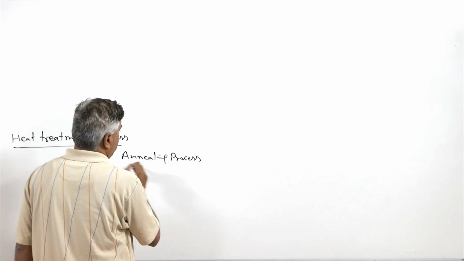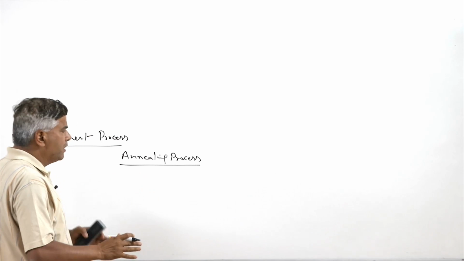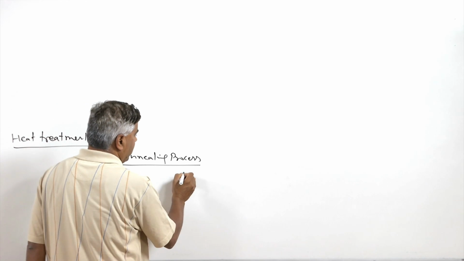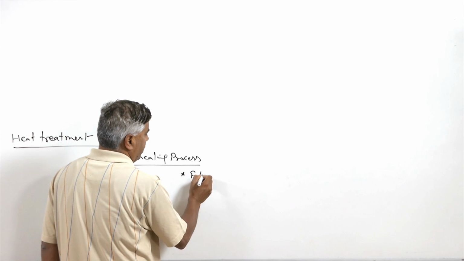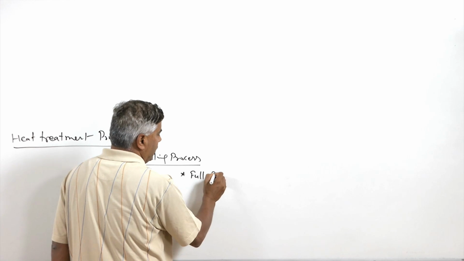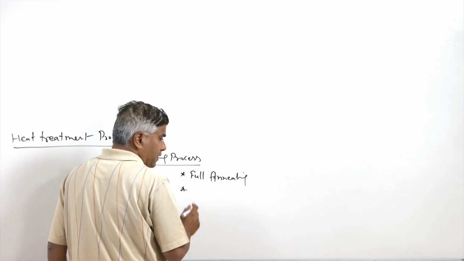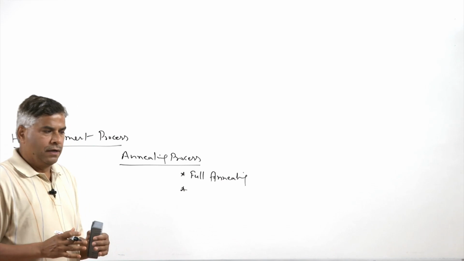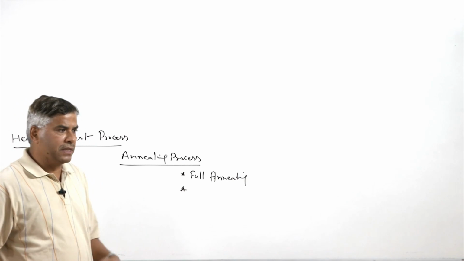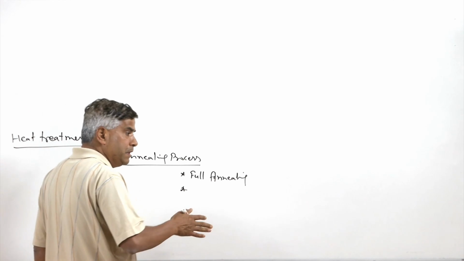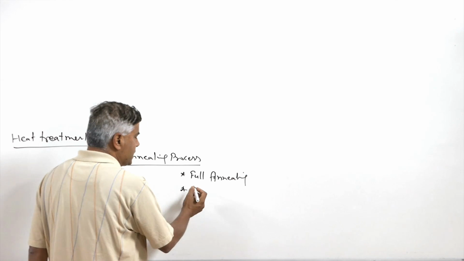Annealing is used in different ways, and various terms are used for different purposes. One is called full annealing, which is primarily used for inducing softness, reducing hardness, and improving machinability, especially of high carbon steels.